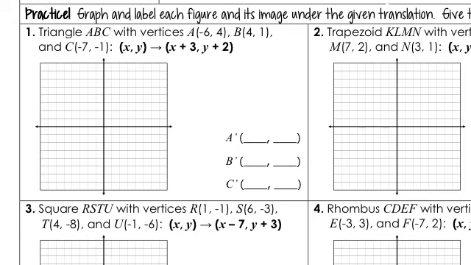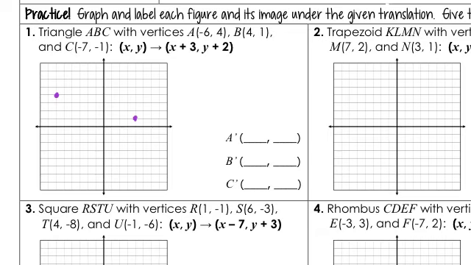Next, we need to go ahead and draw the triangle. So we're going to go -6, 4. That's -6, +4. B is +4, 1.